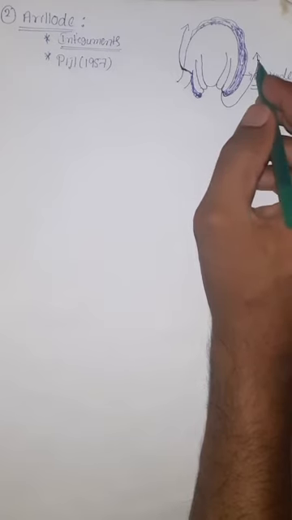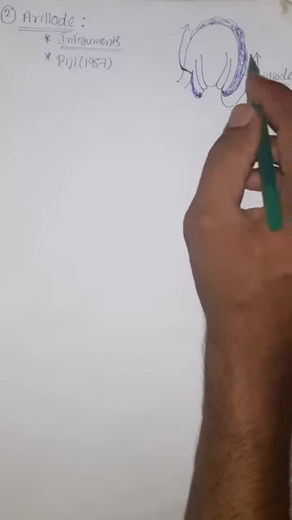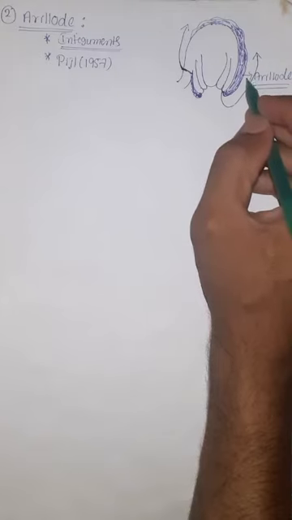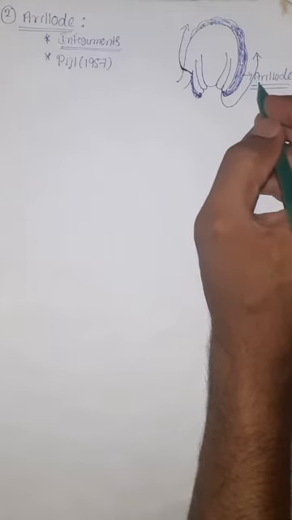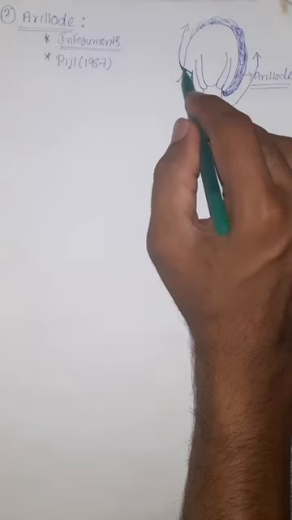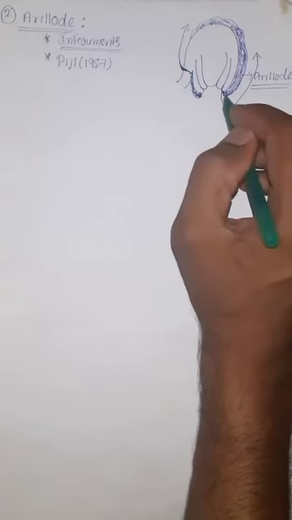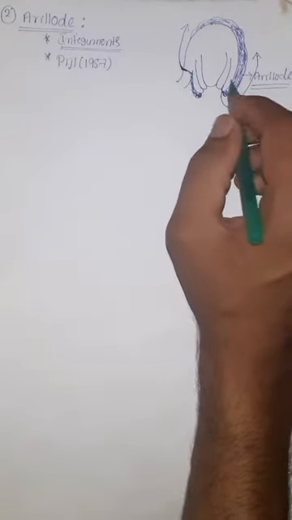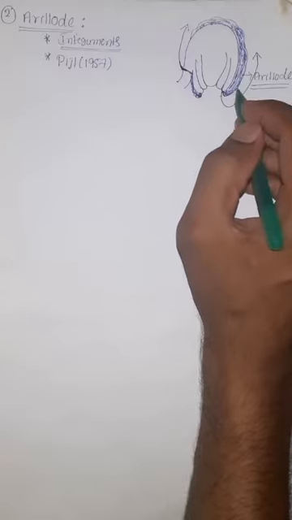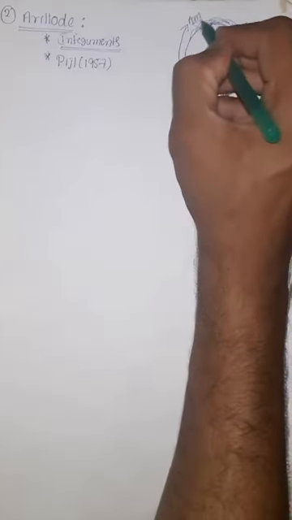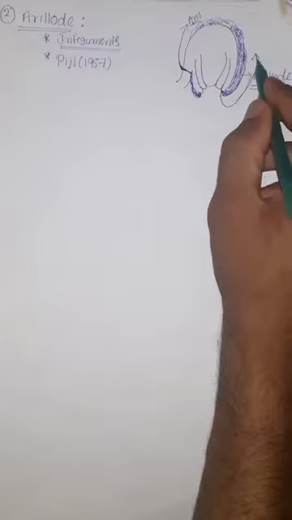After maturity both appear similar, but based on the origin point these two are differentiated. So we have two types of special structures, called aril and arillode.